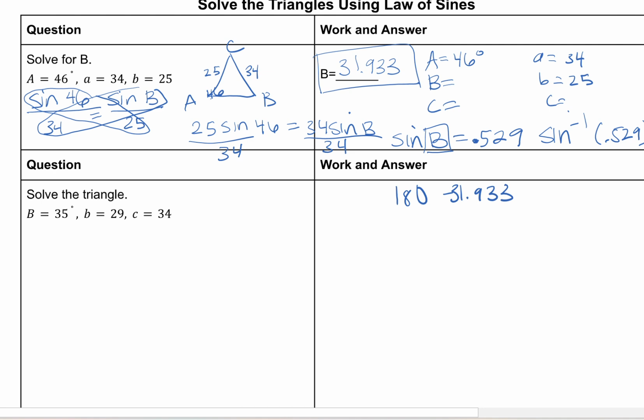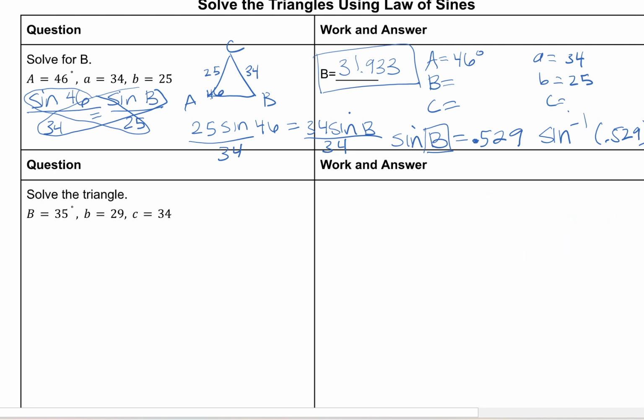So 180 minus 31.933, and we get 148.067. And we already know angle A is 46. So if I add those up together, I get 194, and that's greater than 180, so I know that that will not work. So there's not a second triangle possible on this problem.